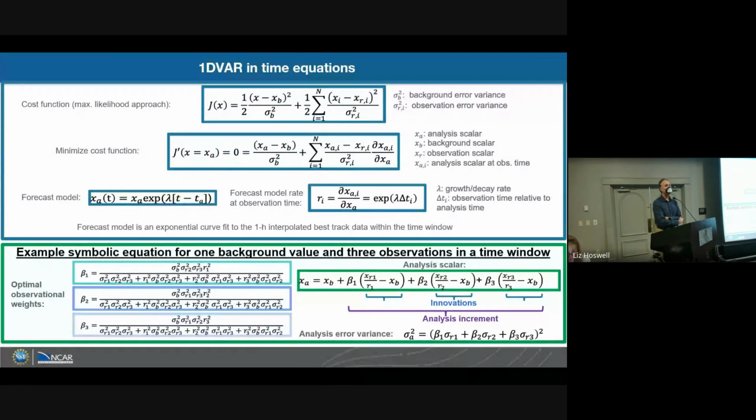Those represent the 3 observations. Those are the innovations to the model, and the beta terms are basically the weights. The cool thing is not only do you get this central tendency estimate, but you also get a variance. This can be thought of as analogous to uncertainty, which is pretty cool because now you can get time-dependent, observation-dependent uncertainty.